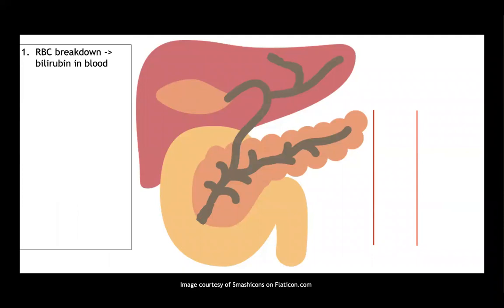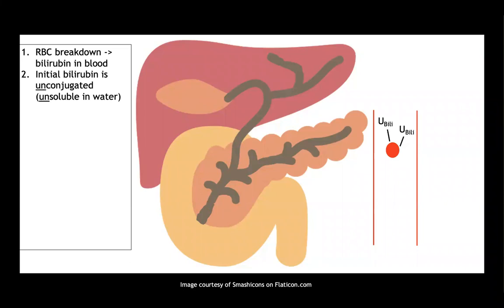So normally, where are we getting our bilirubin anyways? Where's all this bilirubin being formed that we have to excrete through our bile ducts? What happens is that our red blood cells have a finite life. They only live about 3 months, right? And so when our RBCs finally die, they release some bilirubin, and that bilirubin will be unconjugated bilirubin.